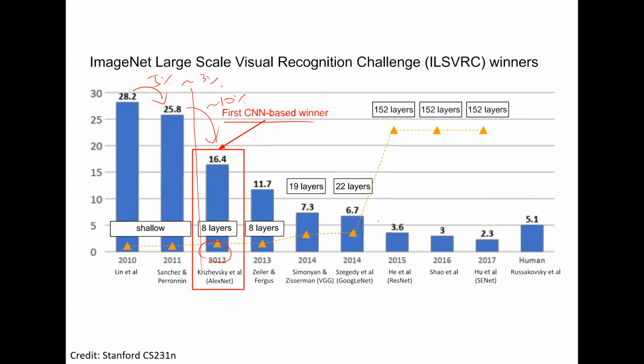And another milestone is 2015. After 2015, the performance of CNNs became better than, superior to that of humans. Okay, so there are two milestones, 2012 and 2015.